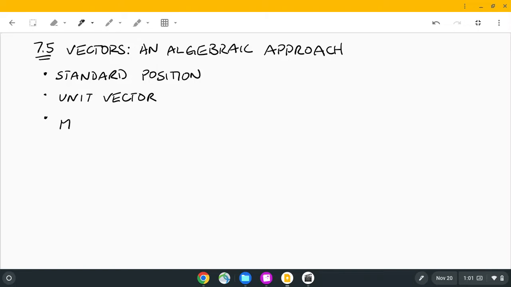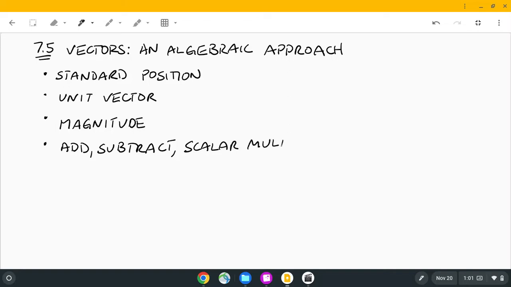We're going to take a look at what the magnitude of a vector is and how to find it. And then we're going to look at how to do some calculations with vectors. So we're going to look at how to add them, subtract, and do scalar multiplication. So a scalar is just a real number.